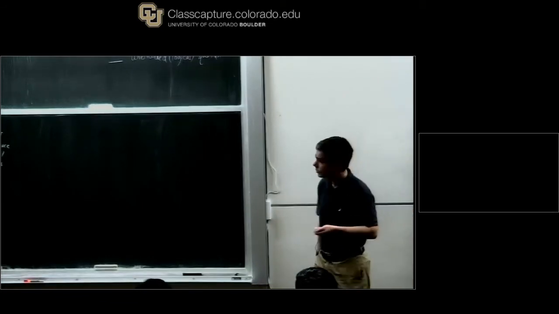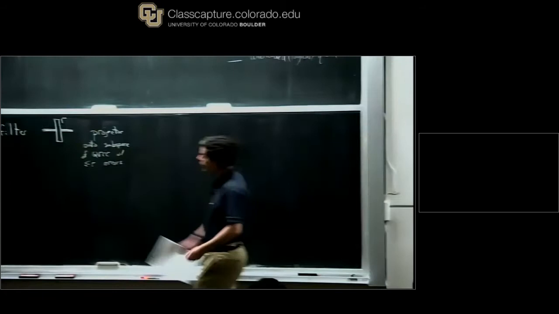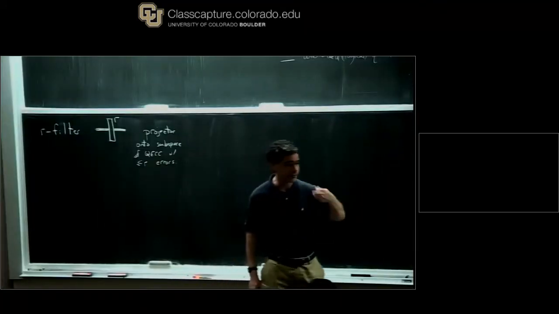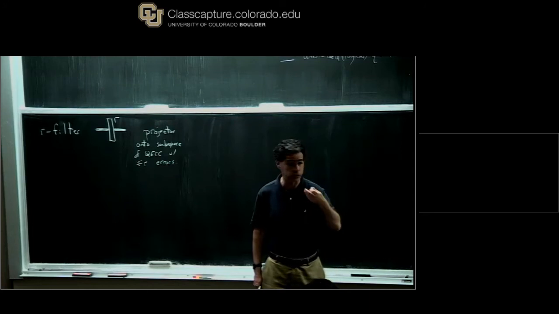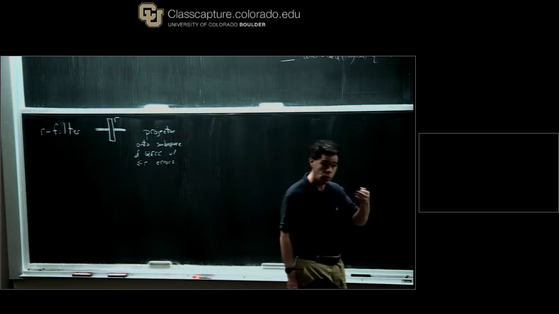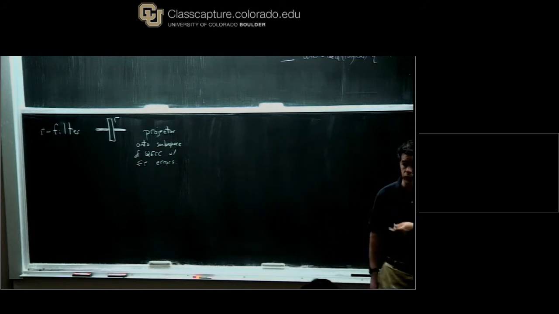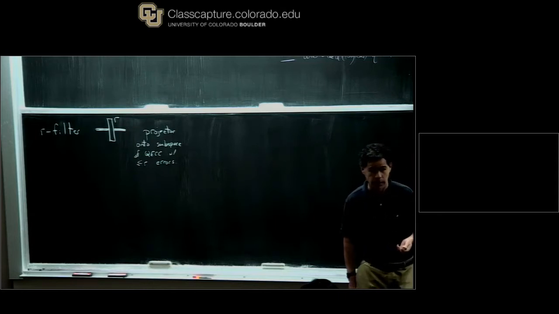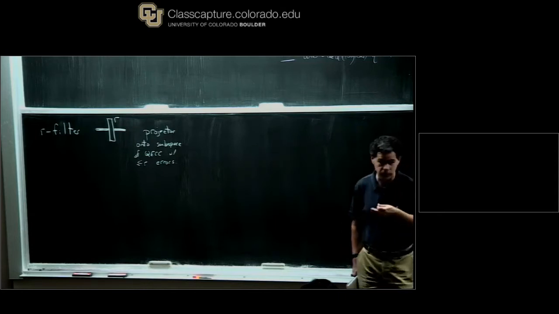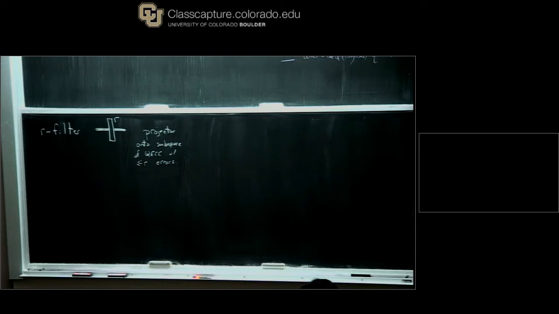And so a state that passes through this R filter unchanged, we intuitively say has only R errors on it. Now a state that has more errors, you can still put it through the R filter, but part of it will get projected out, so it won't be the same anymore. And for these definitions, I'm only really going to care about equality.